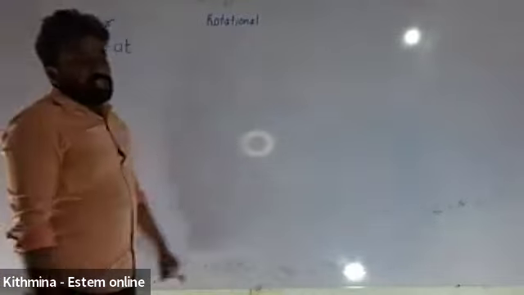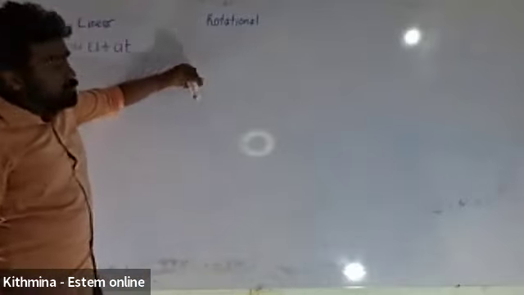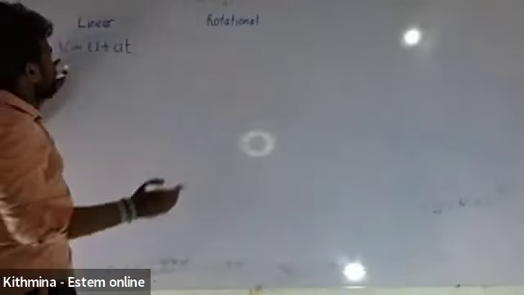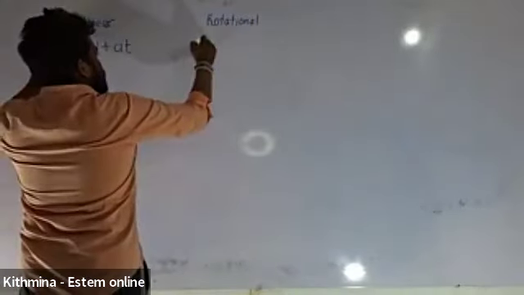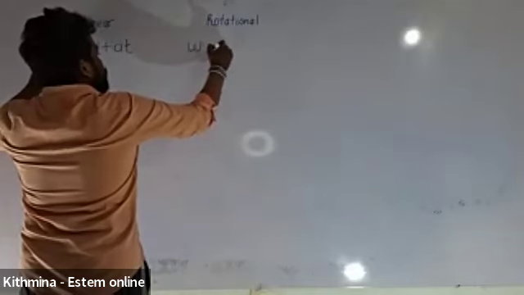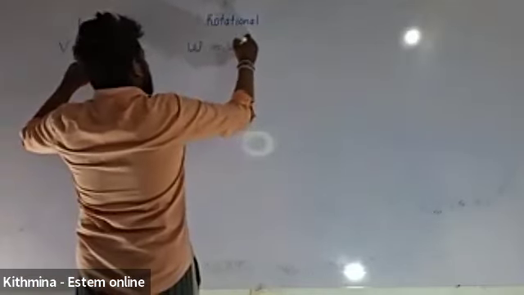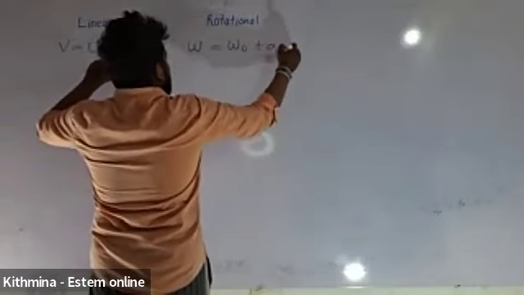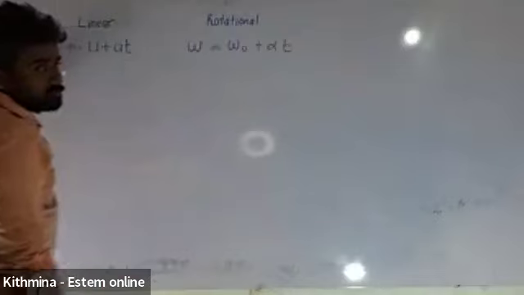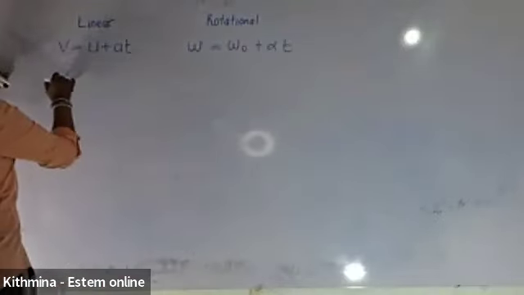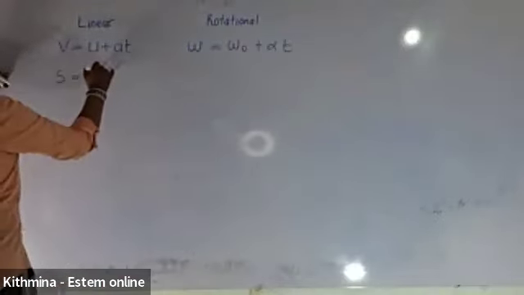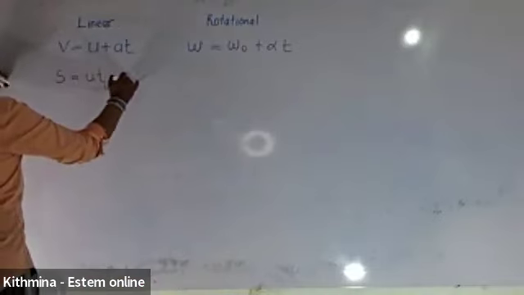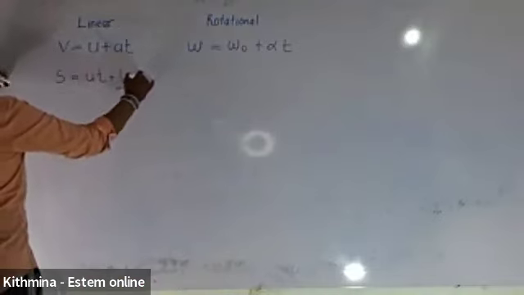In rotational motion, for the final velocity we write omega, for the initial velocity we write omega naught, alpha for acceleration, and time is time. The second equation is S equals ut plus half a t squared.